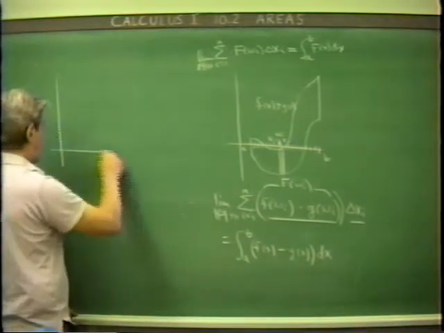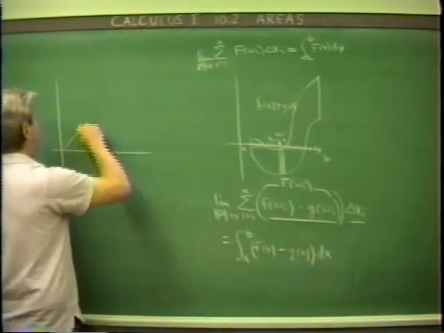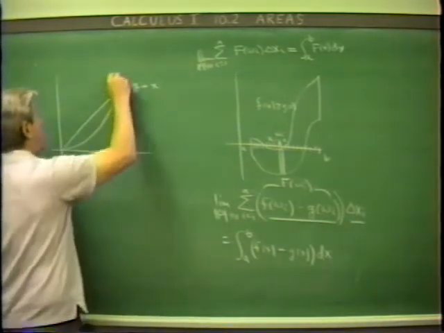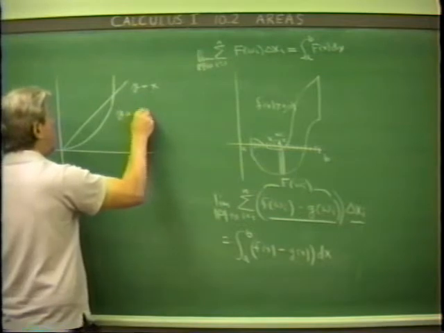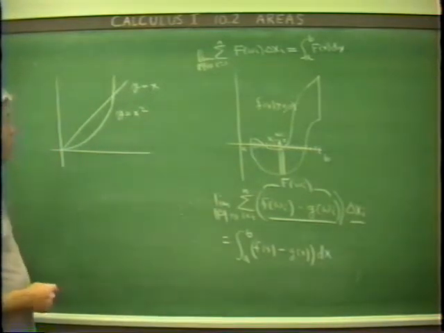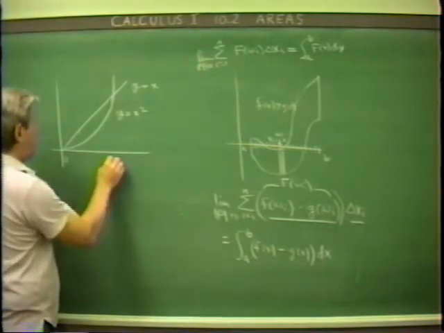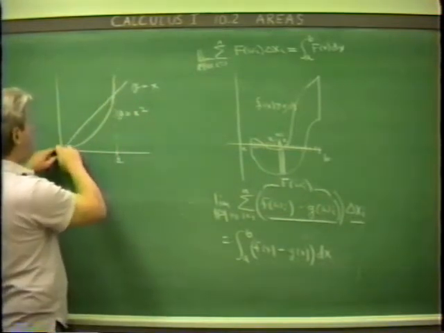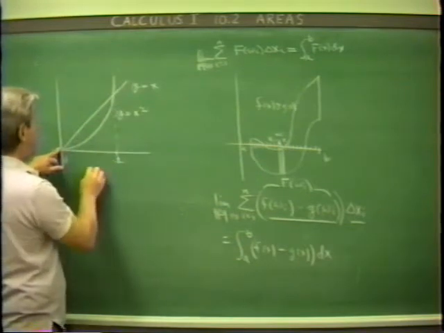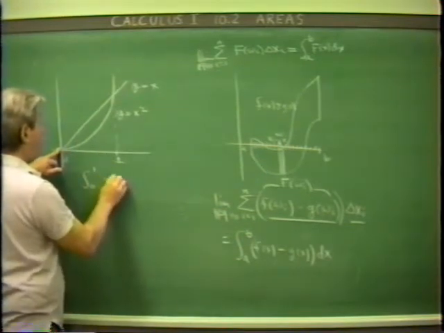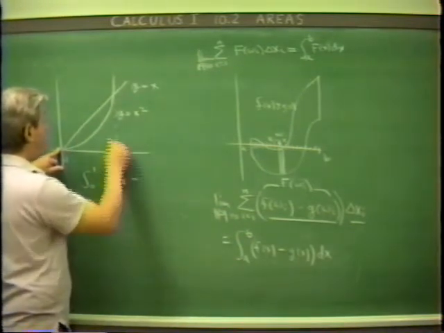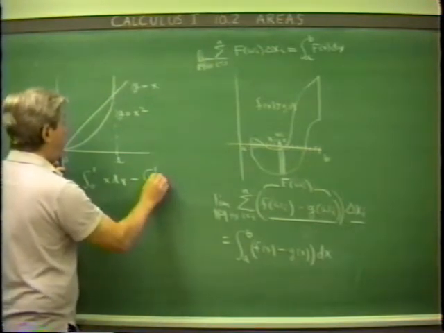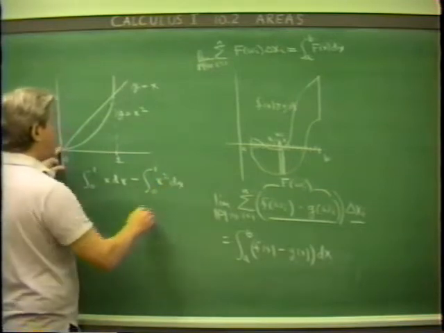For example, if we wanted to know the area between y equals x and y equals x squared on the interval 0 to 1, it's clear that we could get that by taking the area underneath y equals x, that's to say the integral from 0 to 1 of x dx, and subtracting from it the area underneath y equals x squared, the integral from 0 to 1 of x squared dx.